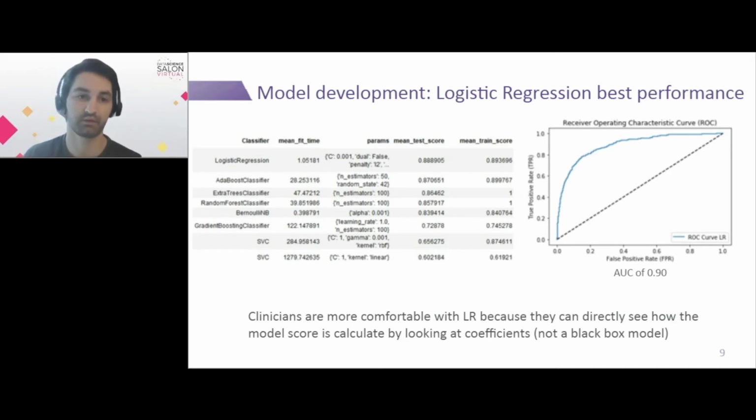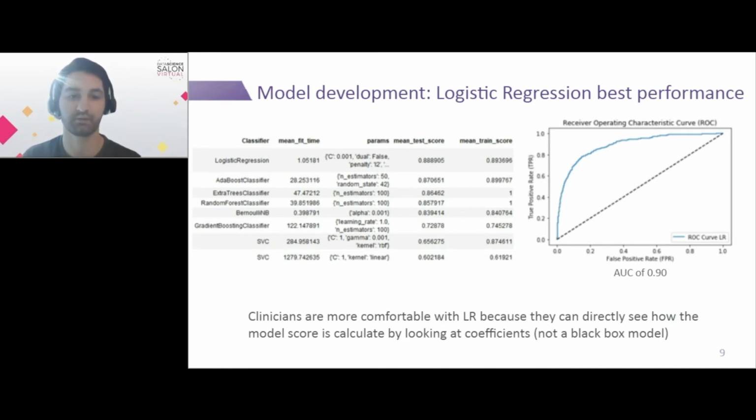And on this slide on the left, you can see logistic regression came out on top and had a mean test score of 0.89, but we were able to push that up to 0.9 after doing some hyperparameter tweaking.